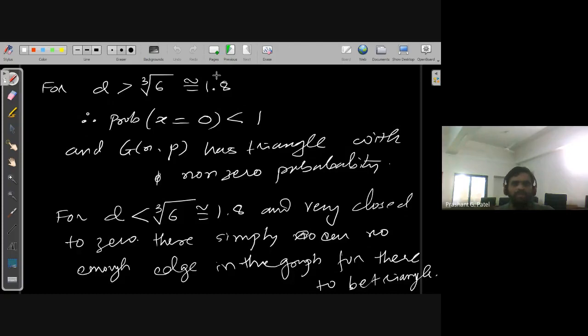In iGraph, there is a command to check whether the graph contains a triangle, and using that you can build a program to see, as you increase the value of n, when you will have the existence of the first triangle.